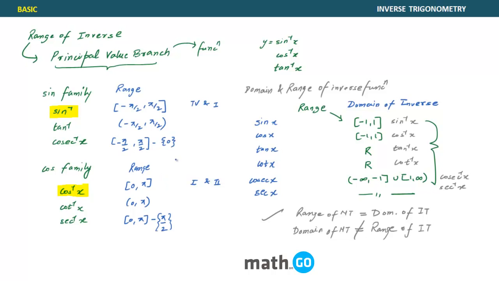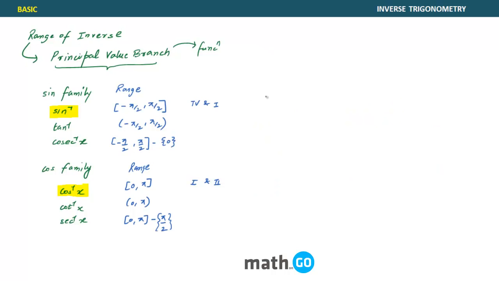Now what do you understand by this principal value branch? You also have to make sure that you apply it in the question. The logic is that when I say sine inverse x, the answer lies from minus pi by 2 to pi by 2.